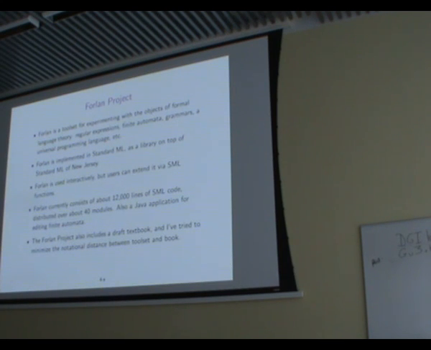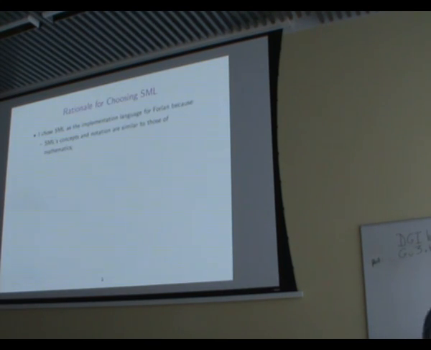And the Forlan project also includes a draft textbook, and I've been trying to minimize the notational distance between the tool set and the book, and that's a huge goal for me in terms of pedagogy. So I chose SML as the implementation language for Forlan because, of course, its concepts and notation are similar to those of mathematics, but you can also write efficient code in ML.